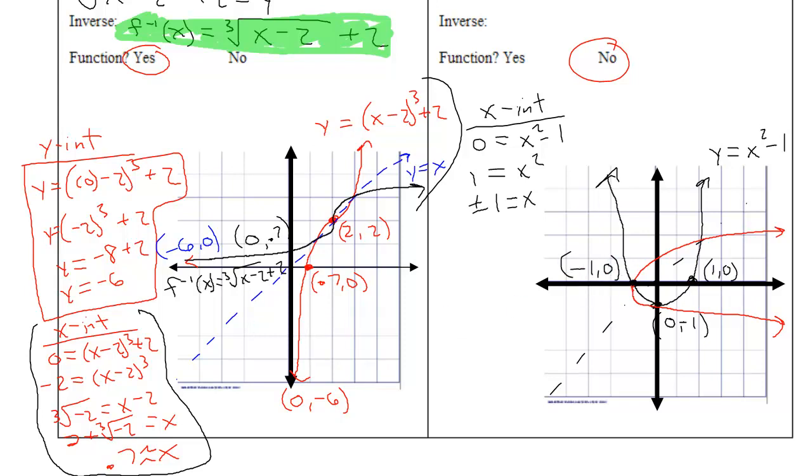Which means the y-intercepts for this other curve are 1 and -1, which I already have labeled. Let's not unnecessarily clutter this.